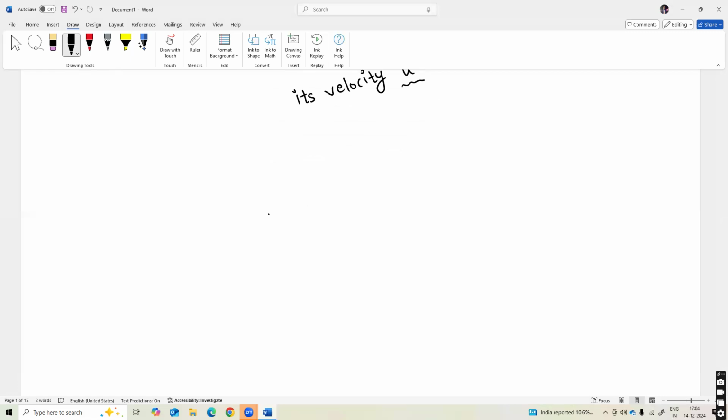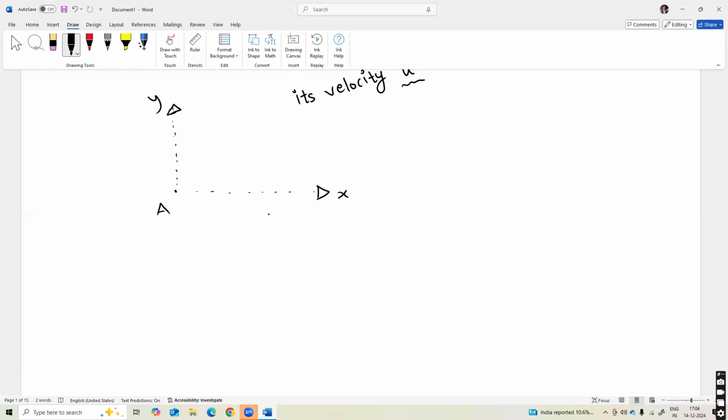So let's say this is the point A, and this is the x direction, and this is the y direction, which is at 90 degrees to the x axis.